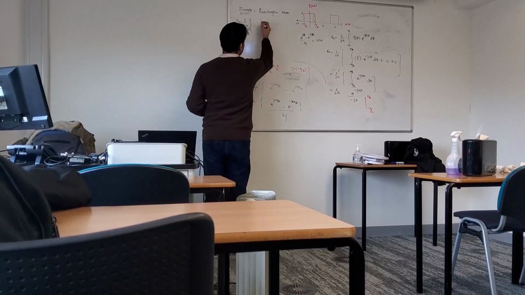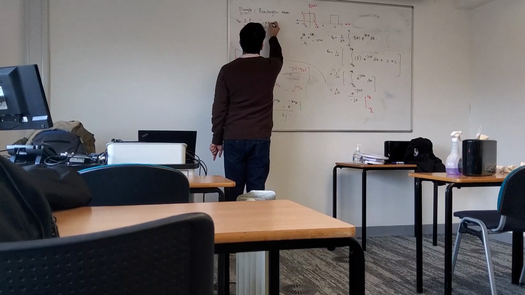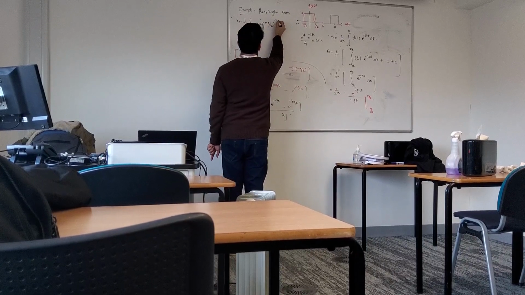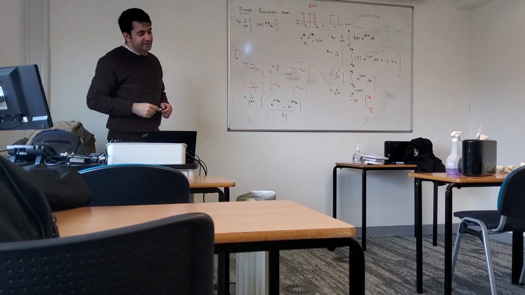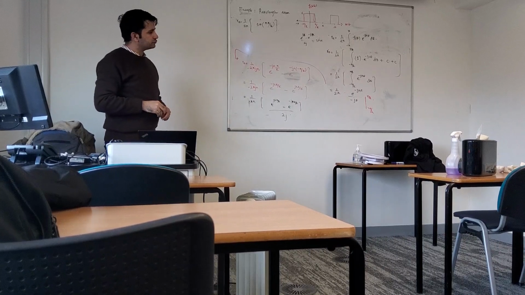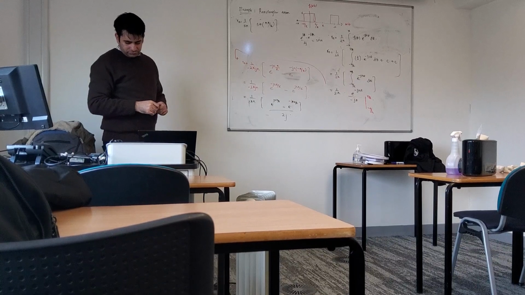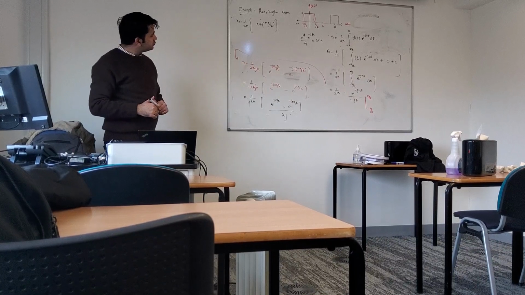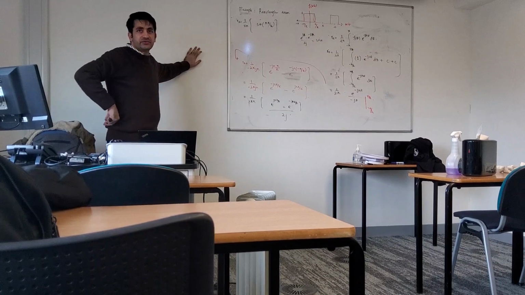So I can write it as sine of n pi by k. So now we have simplified it in terms of a sine wave. Any confusion so far?